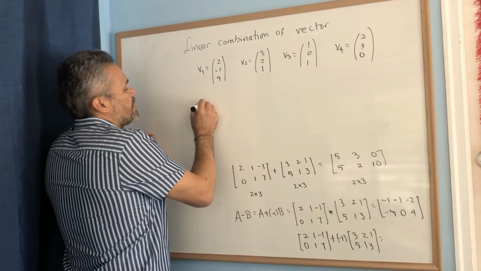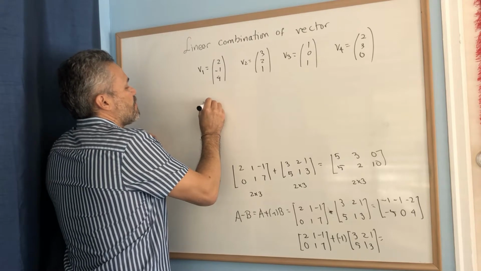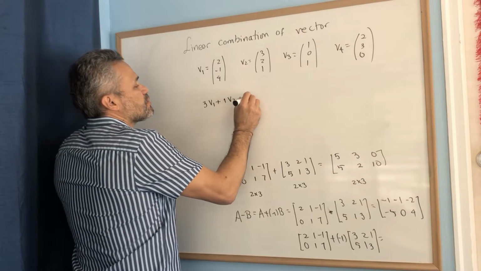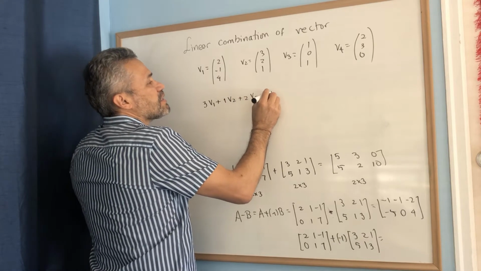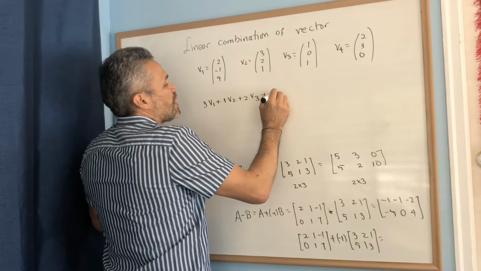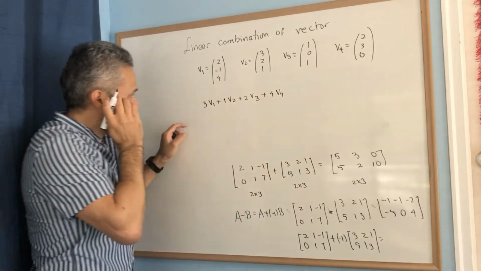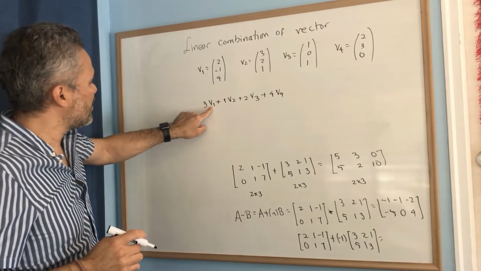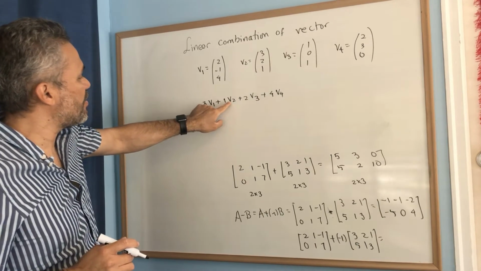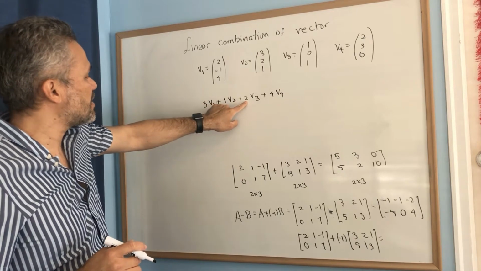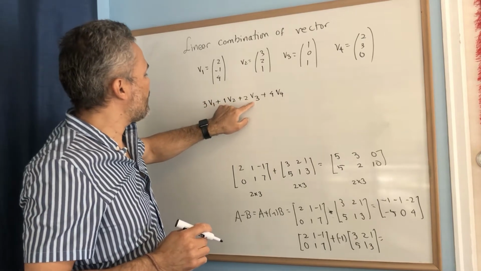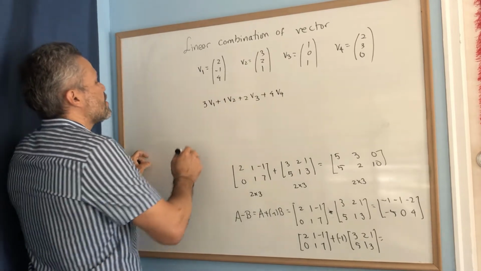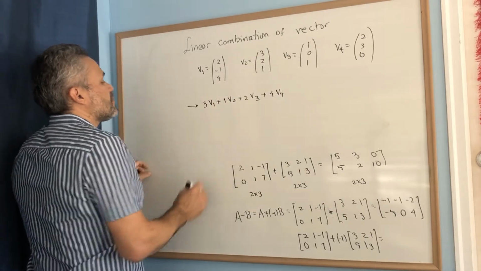You have a number, let's say 3 times v1 plus 1 times v2 plus 2 times v3 plus 4 times v4. Then when you do the scalar multiplication of a number with vector 1 plus the scalar multiplication of another number with vector 2 plus the scalar multiplication of a number with vector 3 and so on, then you get what is called a linear combination of these vectors.